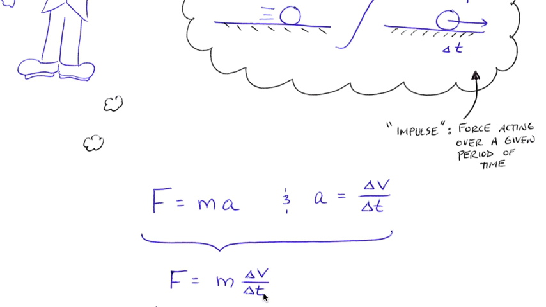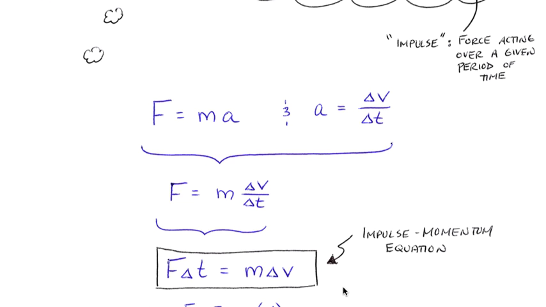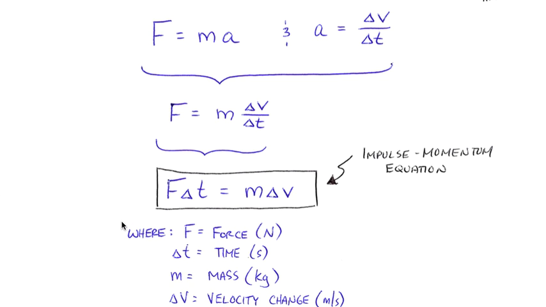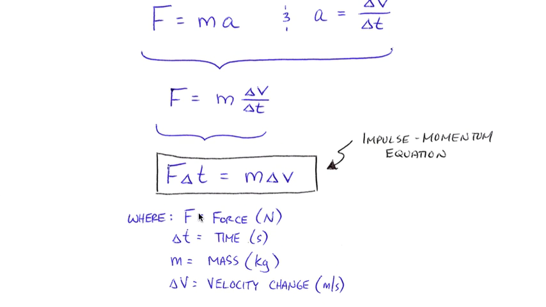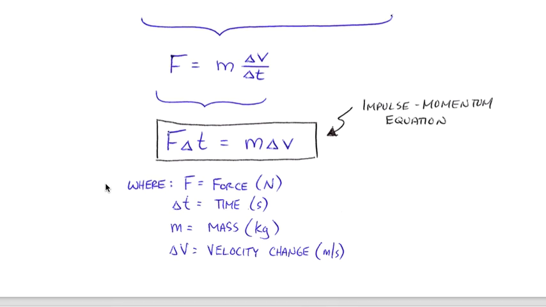Now, he didn't like this time component in the denominator, so by multiplying both sides by time, he found this equation, F delta t equals m delta v, where F is force, t is time, m is mass, and delta v is the change in velocity. And this is what's known as the impulse momentum equation. Okay, he realized that m delta v is really just the change in momentum, and the force acting over a certain time is the impulse.